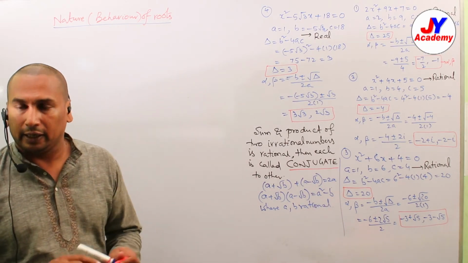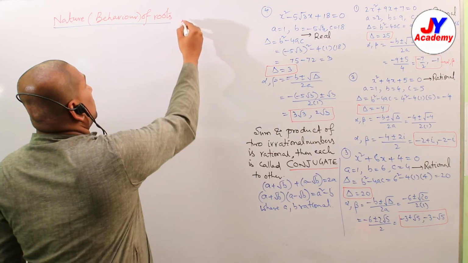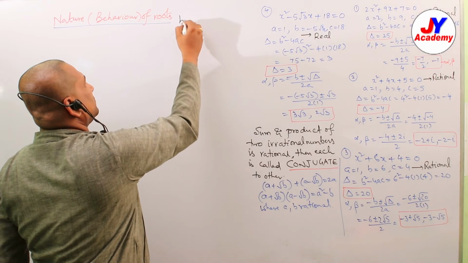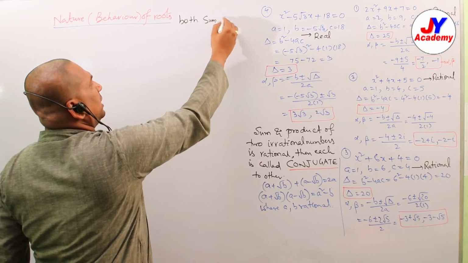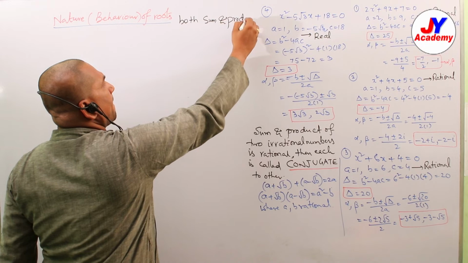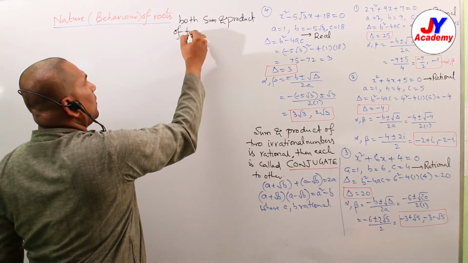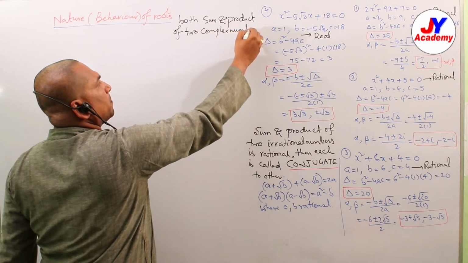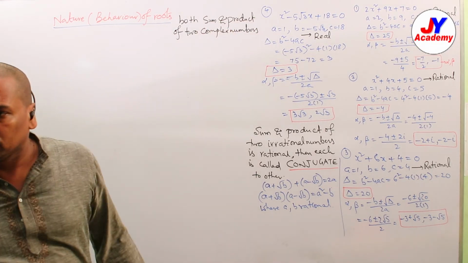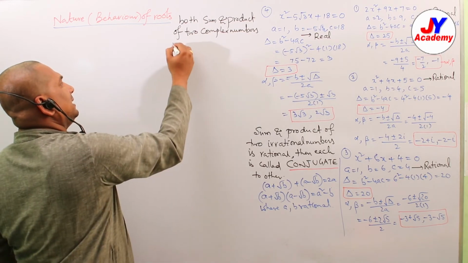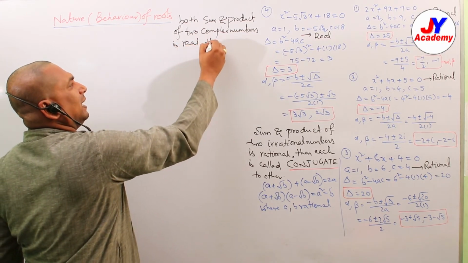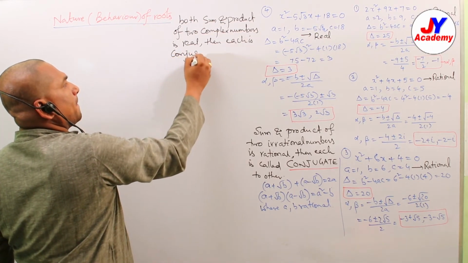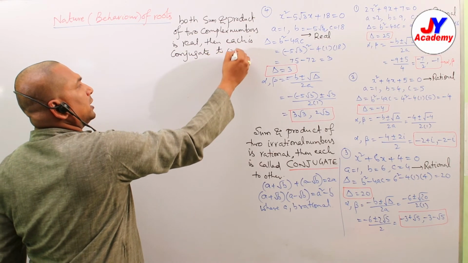In the same way, if both sum and product of two complex numbers is real, then each is conjugate to the other.